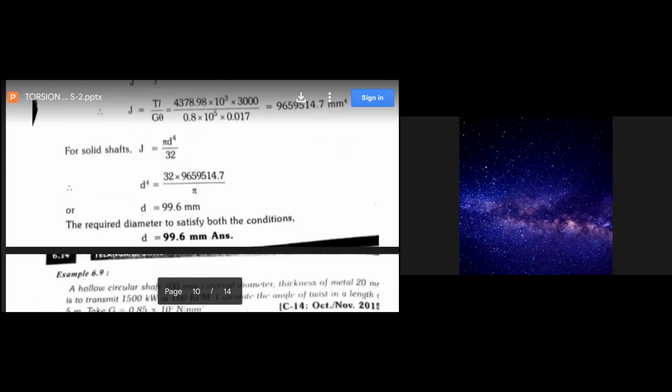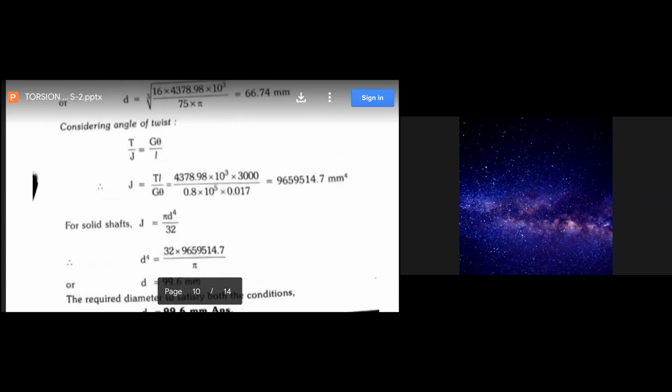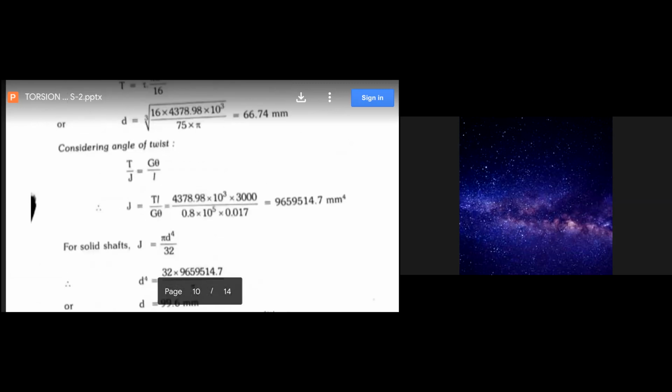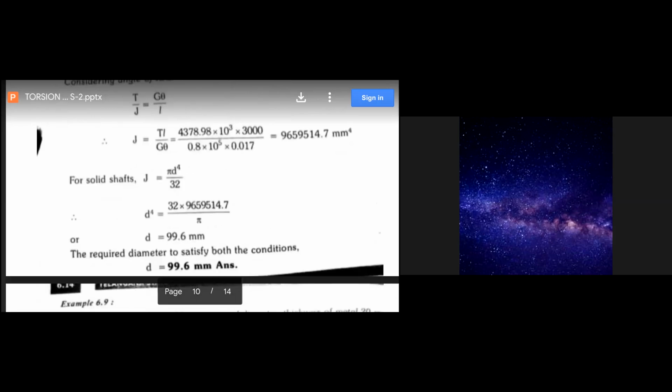So by considering shear strength, we get D value 66.74, and by considering the angle of twist, that is the rigidity modulus, D value is 99.6. Our required diameter of the shaft to satisfy both conditions is the maximum of the above two values, that is D equal to 99.6 mm.